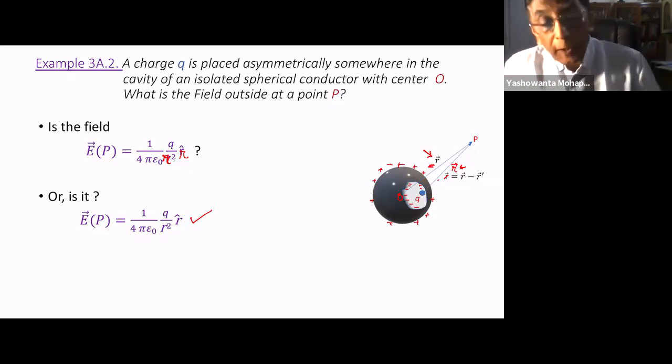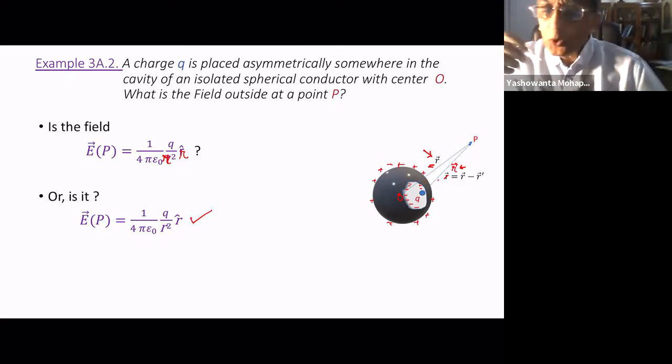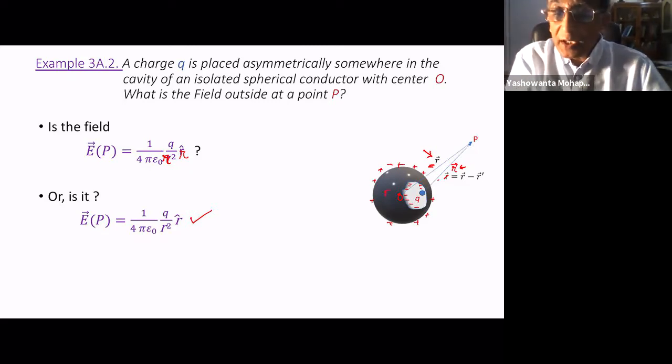All right. Now the question is, how do you know that E is 0 here? Is it because of a combination of this charge and this charge? Or is E equal to 0 here because of a combination of this and this alone?